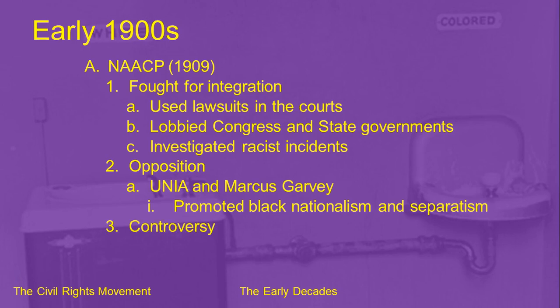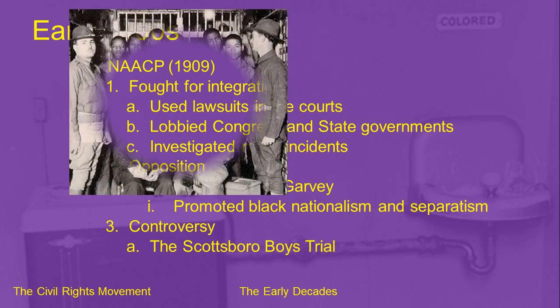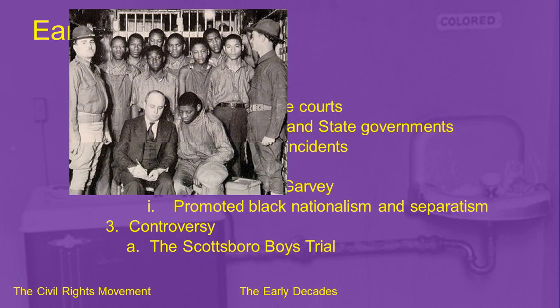Now, there's also controversy, and this is why some people did not like the NAACP, because the NAACP picked and chose its battles. One of the controversies happens in the 30s. There are these young men called the Scottsboro Boys. They were riding a train through the South, and they were arrested in a rail car along with two white women.